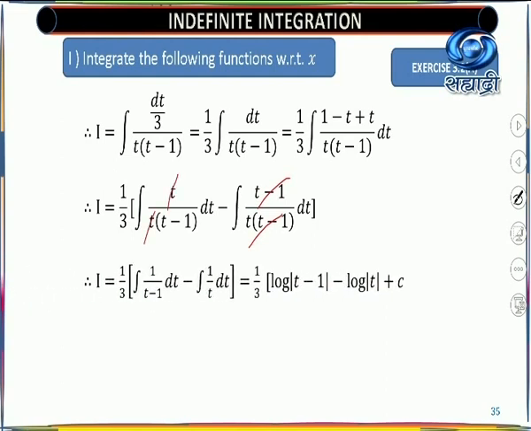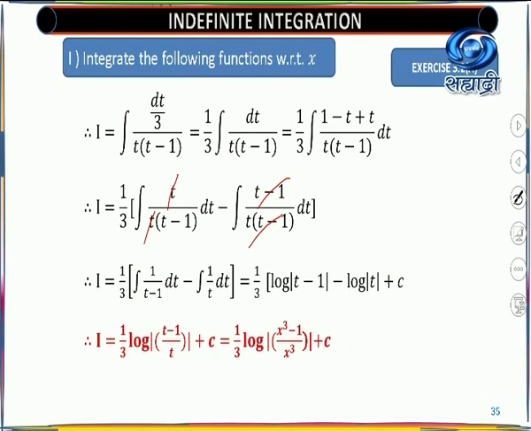So what will you get? 1/3 of the integral of 1 upon t minus 1 dt minus the integral of 1 upon t dt, which is equal to, in terms of log, 1/3 of log mod of t minus 1 minus log of mod t plus the constant of integration. Now we need to resubstitute the values, or first you need to simplify.